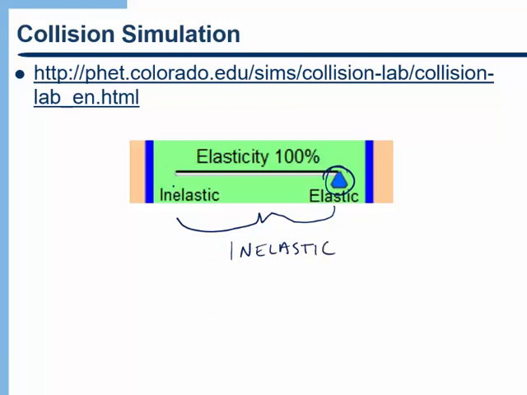And in fact, if you're all the way here, that's completely inelastic. So if we lose any kinetic energy at all, it's inelastic. If the objects stick together, that's when we lose the most kinetic energy, and then it's completely inelastic.